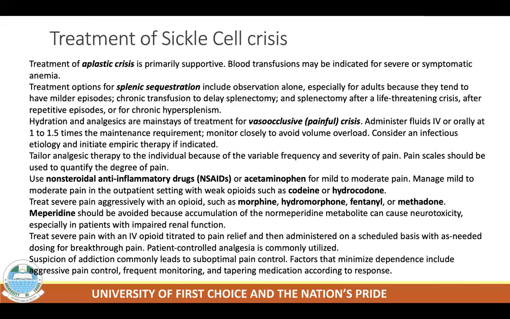So sincerely, codeine is the highest analgesic currently accessible by people with sickle cell disease. Codeine, and then they also have access to pethidine and what's the name of this other one? I'll try and remember the name before we finish this class, right? So those are the ones that are available for them currently.